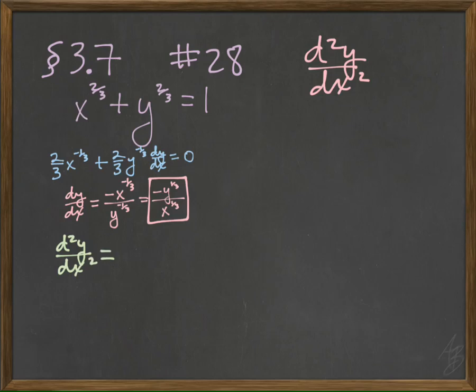What is low? x to the 1/3. Derivative of the top. Derivative of negative y to the 1/3. Negative 1/3 y to the negative 2/3. Okay, that's low d high.